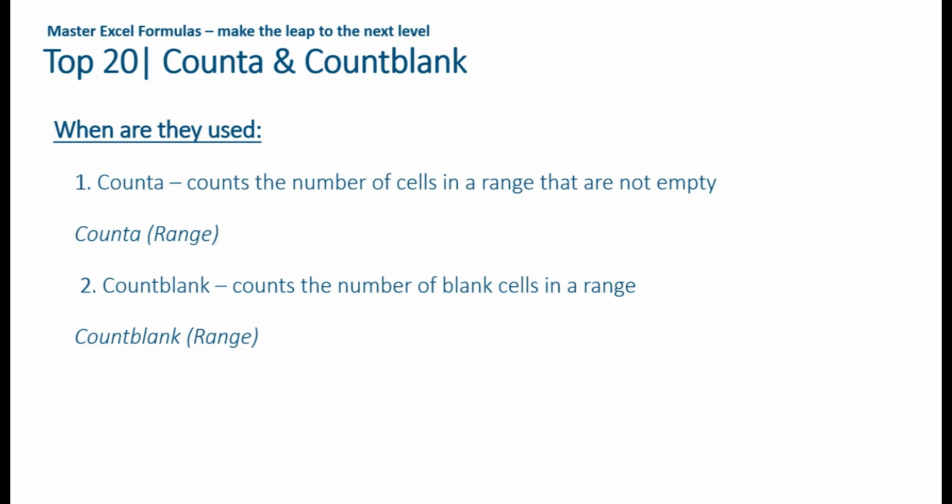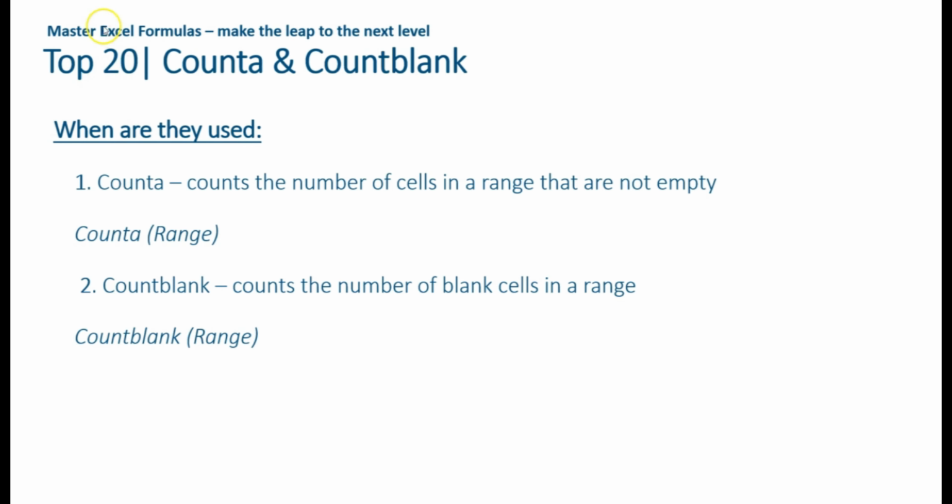So the first set of formulas have to do with the count group of formulas. However, these two formulas are slightly different compared to what we went through in the first part of the course, so COUNTA and COUNTBLANK. COUNTA is used to count the number of cells in a range that are not empty, whereas the COUNTBLANK formula counts the number of blank cells in a range.